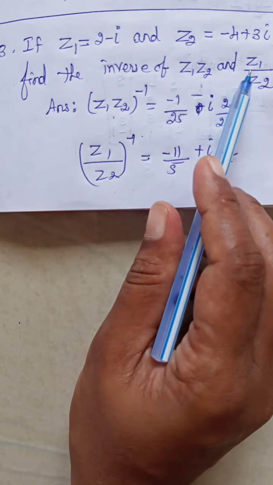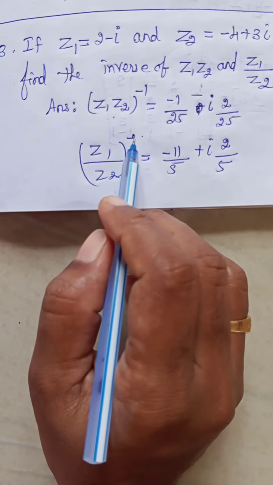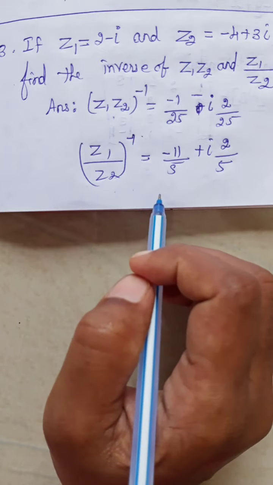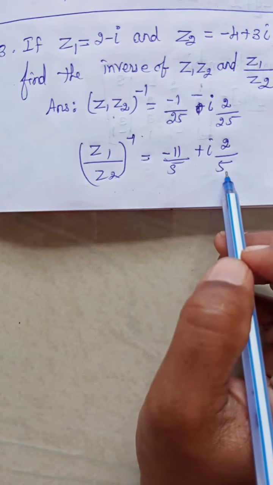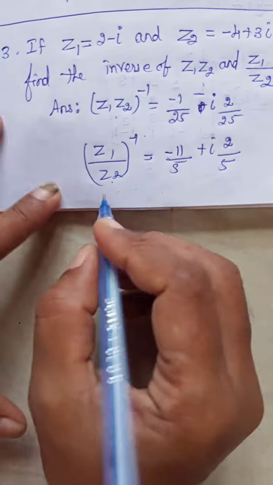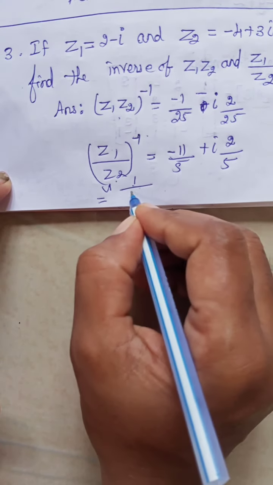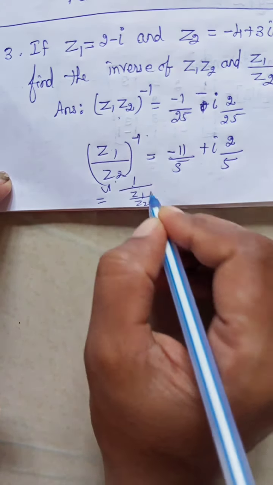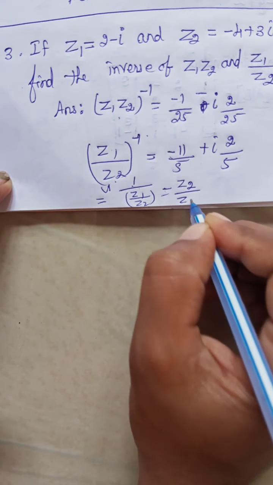Okay. So the next one, z1 by z2, you have to find first, then find the inverse, that is 1 by that value. Or else directly you can find it. z1 by z2, the whole inverse, is equal to 1 by z1 by z2, isn't it? Or else z2 by z1.